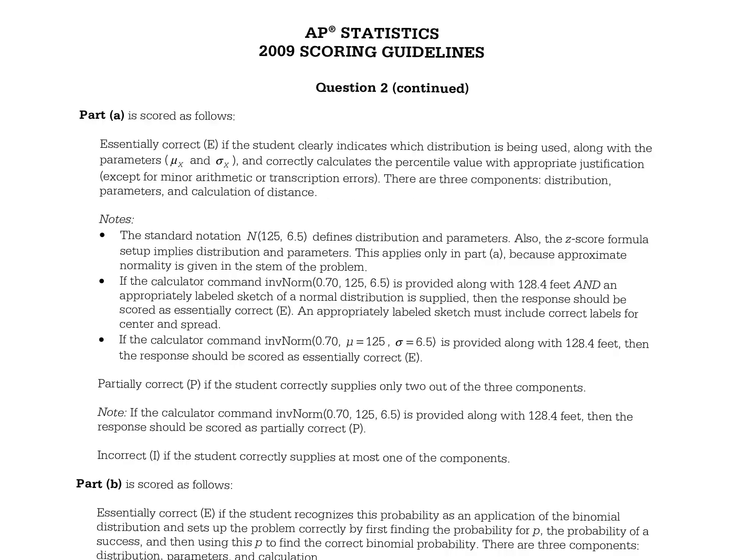Let's look at grading them. Part A, in order to get full credit, the student has to indicate that a normal distribution is used. They have to write out the mean and standard deviation and give the correct value with justification. Justification would be like probability notation, or a normal curve with shading and labeling, of course.